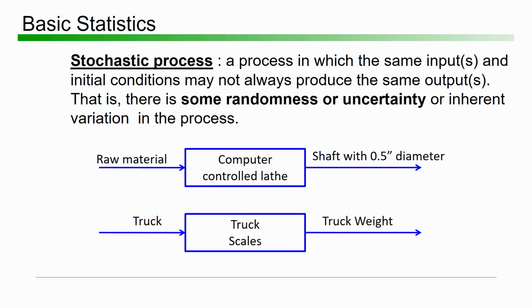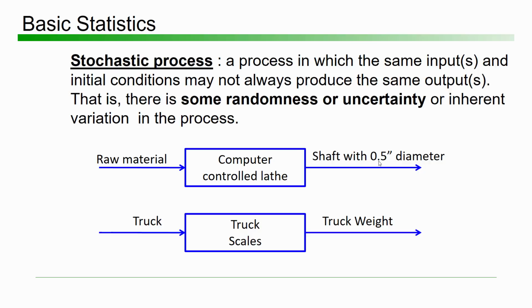But in the real world, we have far more commonly stochastic processes. And that is that there's some sort of randomness that finds its way into the process. And so consider manufacturing as an illustration. If you put raw stock of, let's say, a bar of metal into a computer-controlled lathe, then what comes out will be a finished product like a drive shaft of a car, for instance.